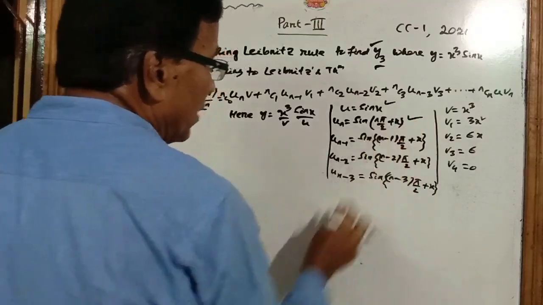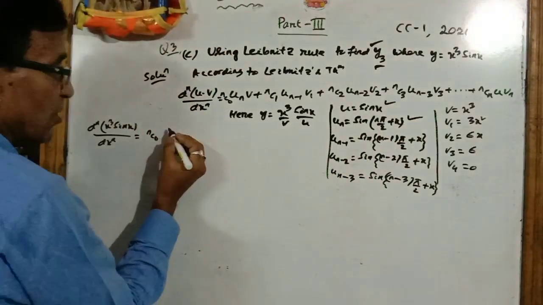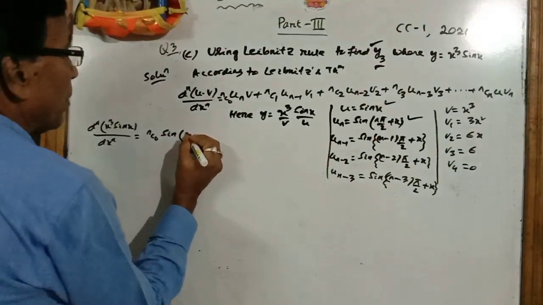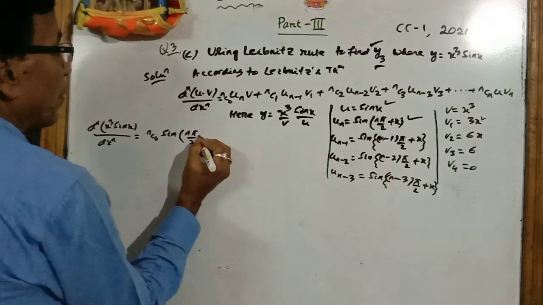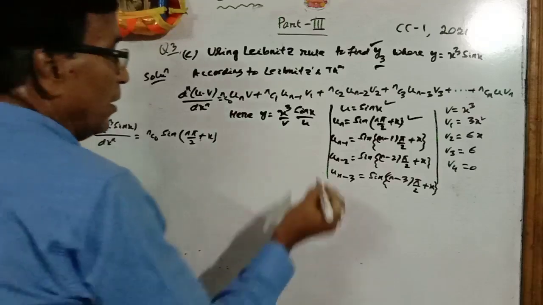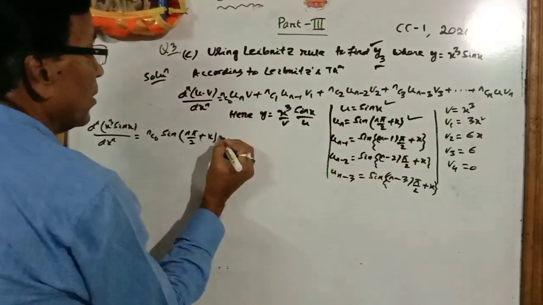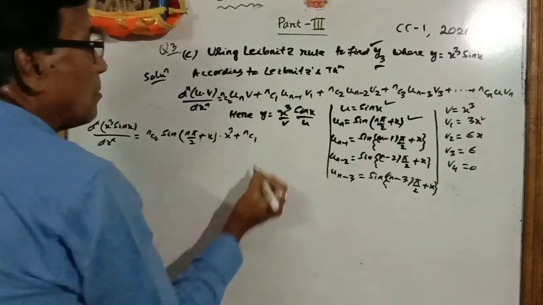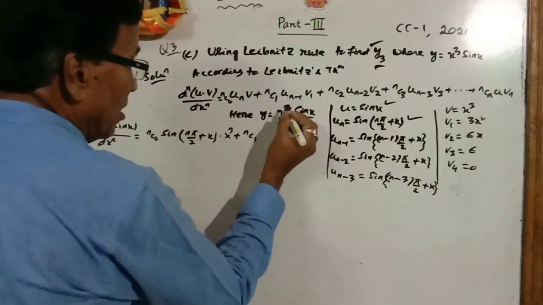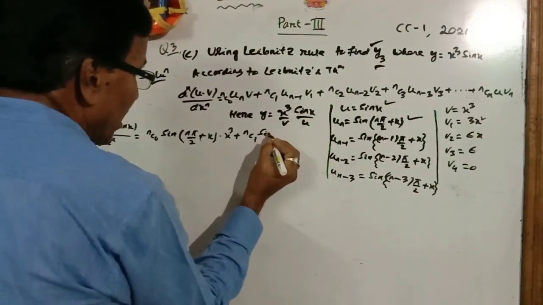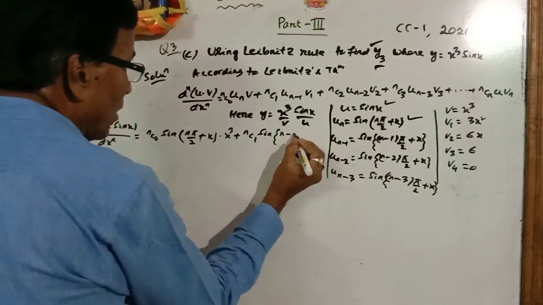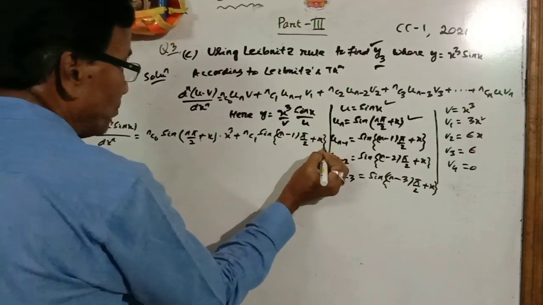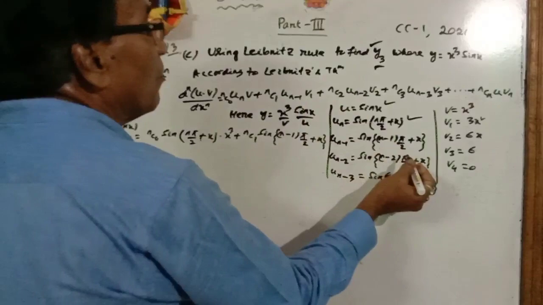Nth derivative of sin x, that value is sin of n pi by 2 plus x into v. V is equal to x cube, into x cube, plus next term is nC1. U subscript n minus 1 is sin of (n minus 1) pi by 2 plus x into V1.